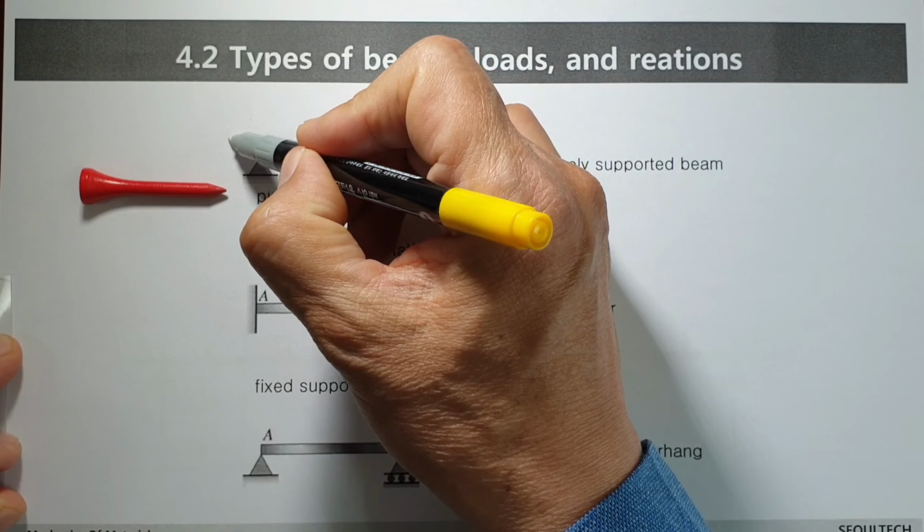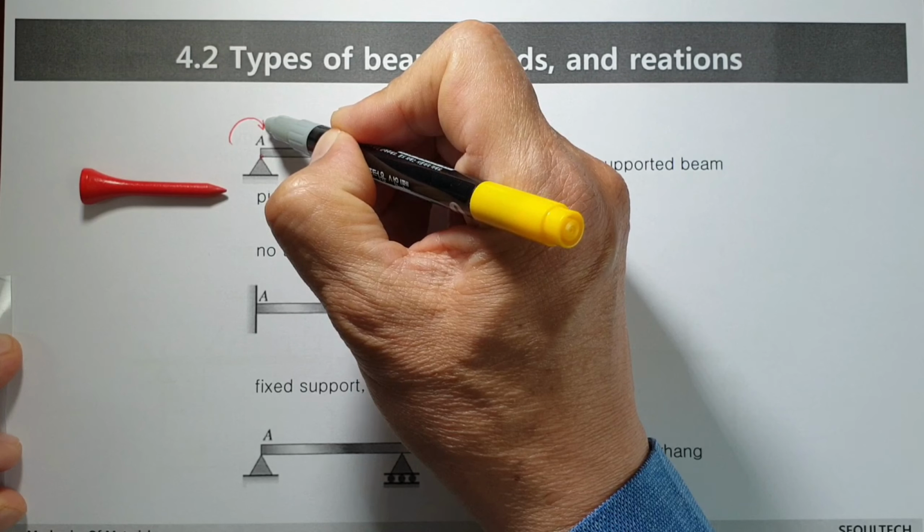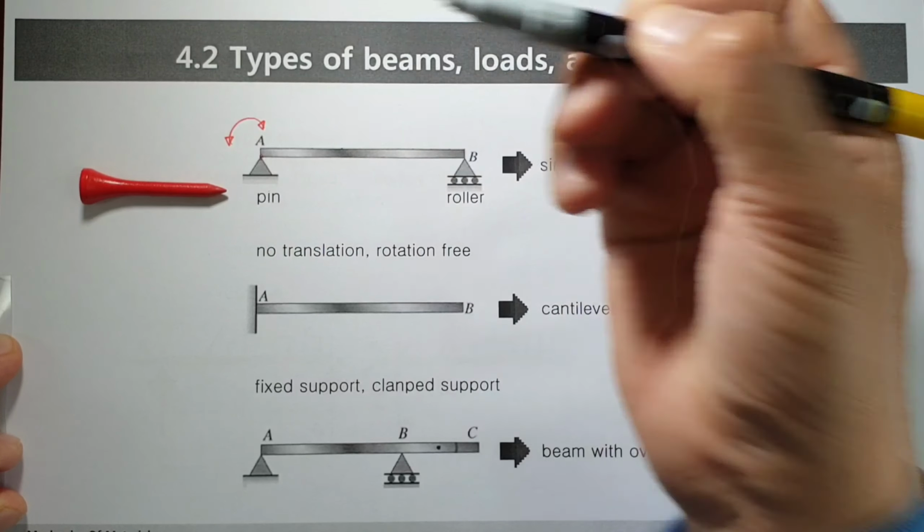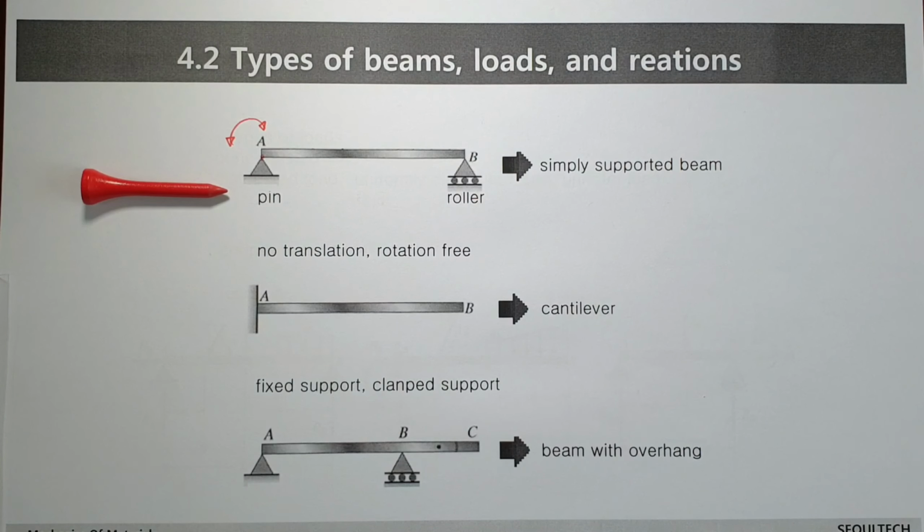Rotation around point A is free. And of course, at point A, movement in the horizontal direction or vertical direction, movement in any direction, is restricted. But rotation around point A is available.